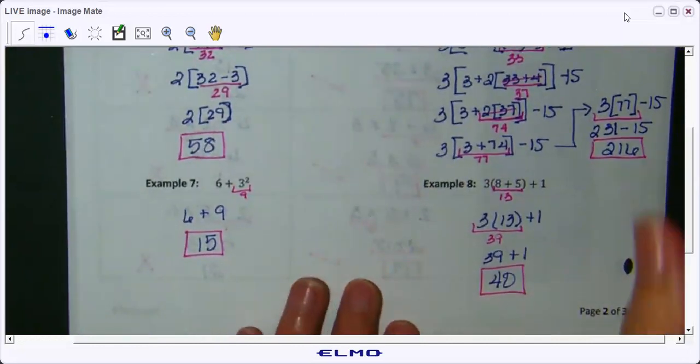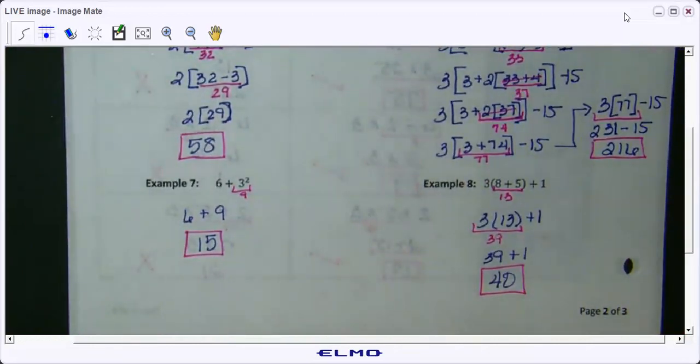Okay, go ahead and check 7 through 8. And then I'm going to come around and check the rest if you're finished. And answer any questions you have. And for those of you watching the video, I will solve the last 4 problems so you can check your answers.